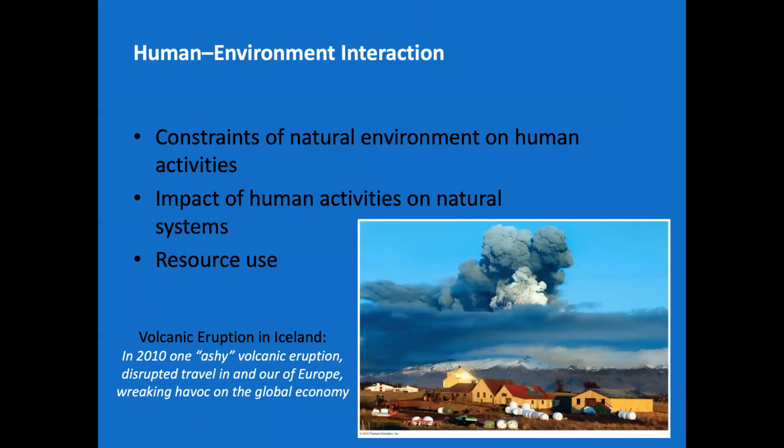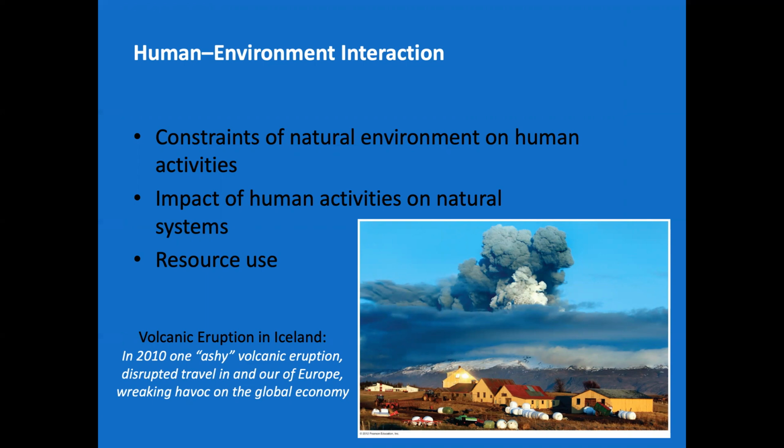The human environment interaction. So in 2010, there was one very significant eruption in Iceland, currently undergoing eruption right now, that disrupted travel in and out of Europe. And that had a significant impact on the global economy in that year and the year that followed.